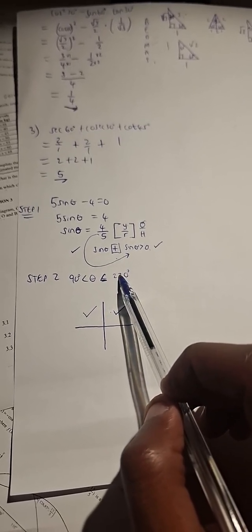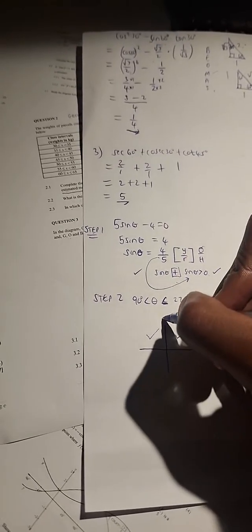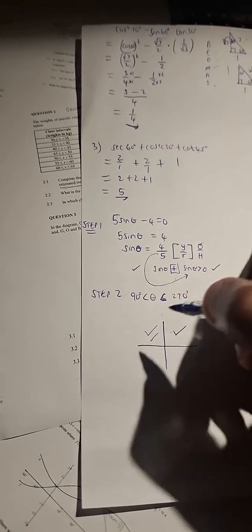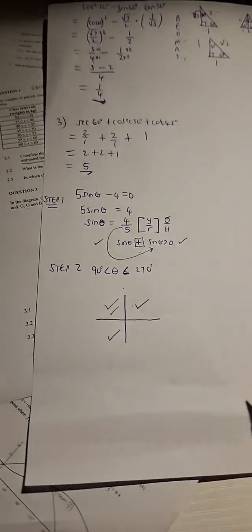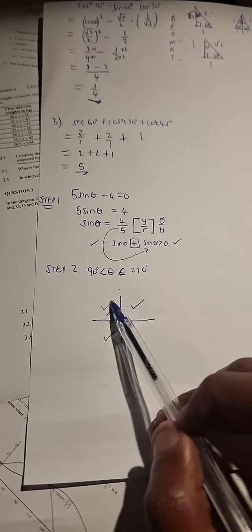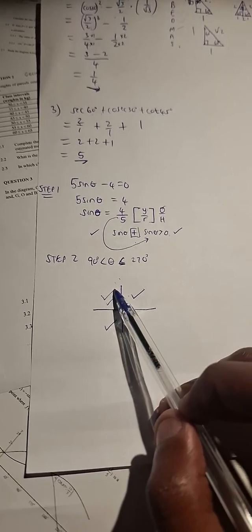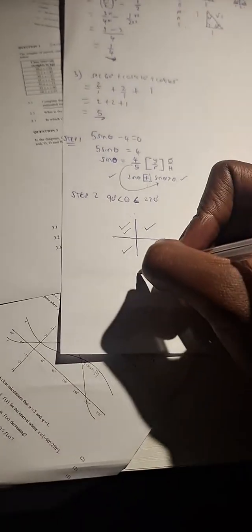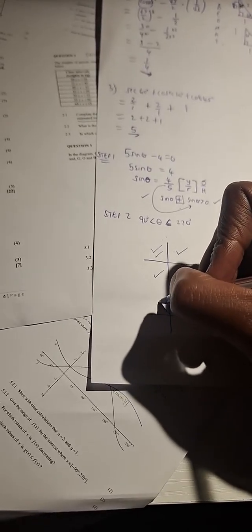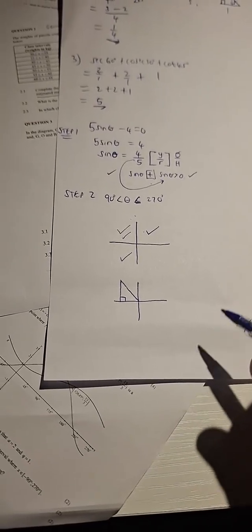Where is 90 to 270? 90 degrees is here. So that means this quadrant and that quadrant. Where do I have an intersection of the quadrants? It is in the second. So when I draw my sketch now, I draw my terminal arm and then I complete my 90-degree triangle.